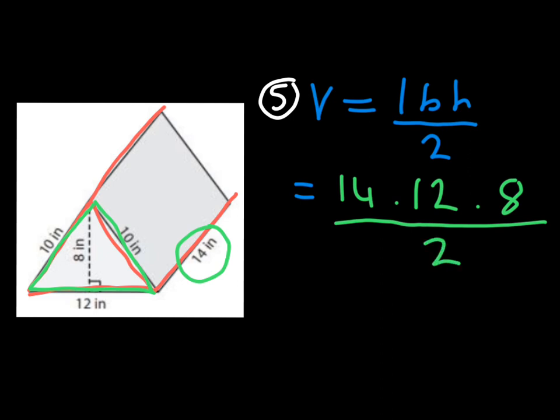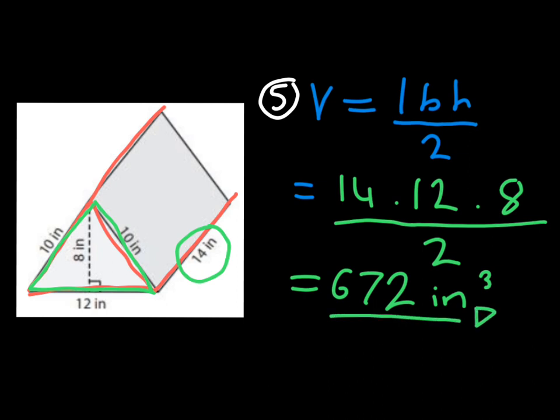We can then put this into a calculator and get an answer of 672. Now we are dealing in inches and we say cubed because we're dealing in the third dimension. And that is our final answer for question number 5.